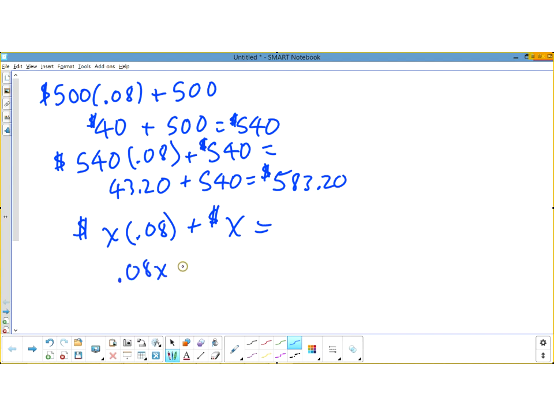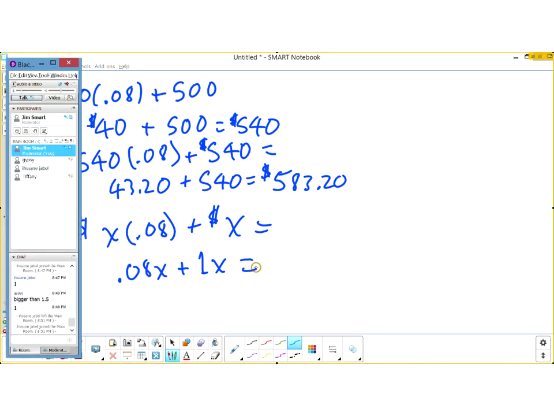Well, let's do a little bit of algebra. Let's rewrite this as 0.08x plus, I never do this, but I'm going to do it here to make it easier to see, plus 1x. What is 0.08x plus 1x? You can use your microphone or you can chat it in.